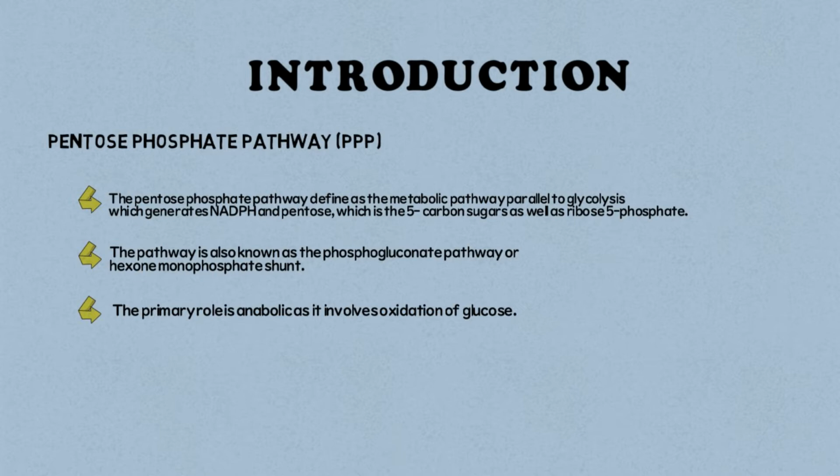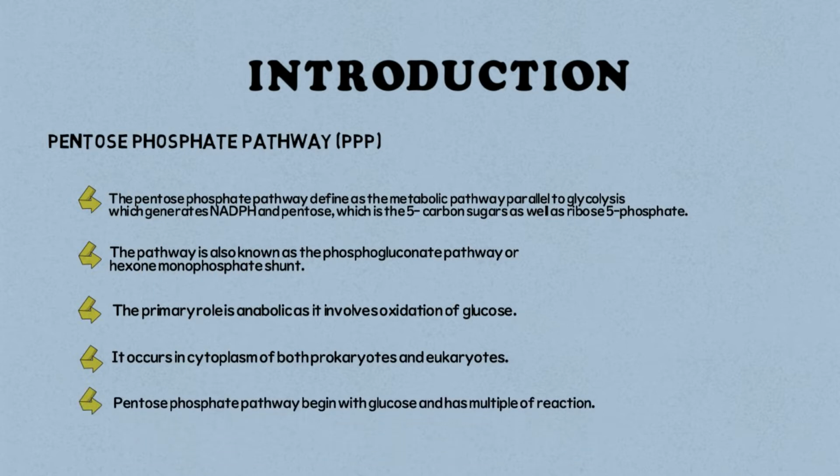The primary role is anabolic as it involves oxidation of glucose. It occurs in the cytoplasm of both prokaryotes and eukaryotes. The pentose phosphate pathway begins with glucose and has multiple reactions.